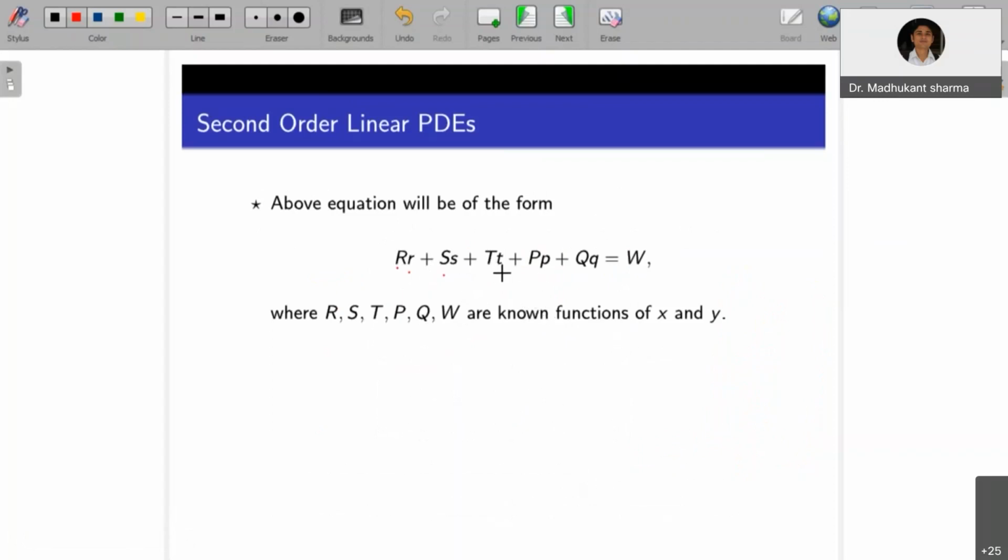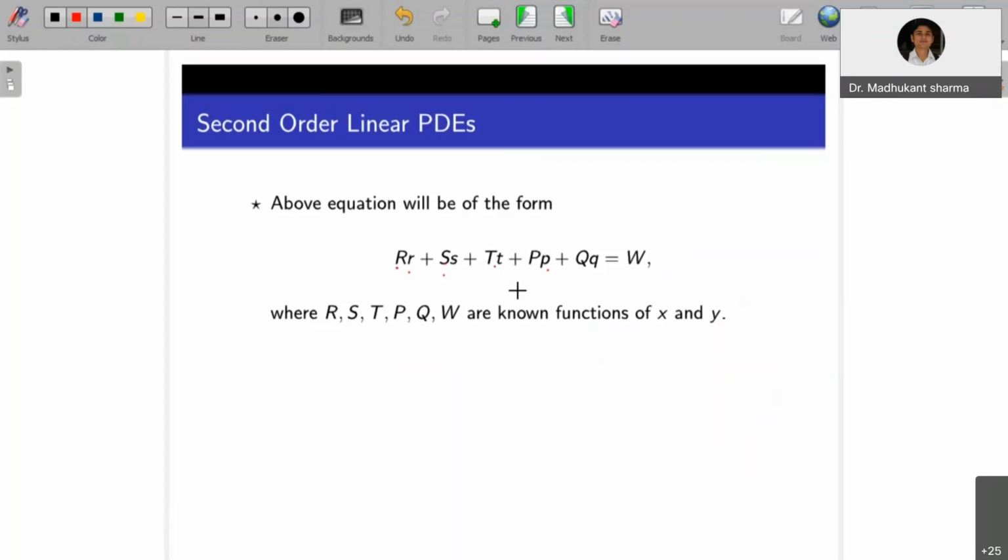So you just accept them as notations. R, S, T, P, Q, and W are going to be functions of x and y. They will not involve z, so that must be clear.